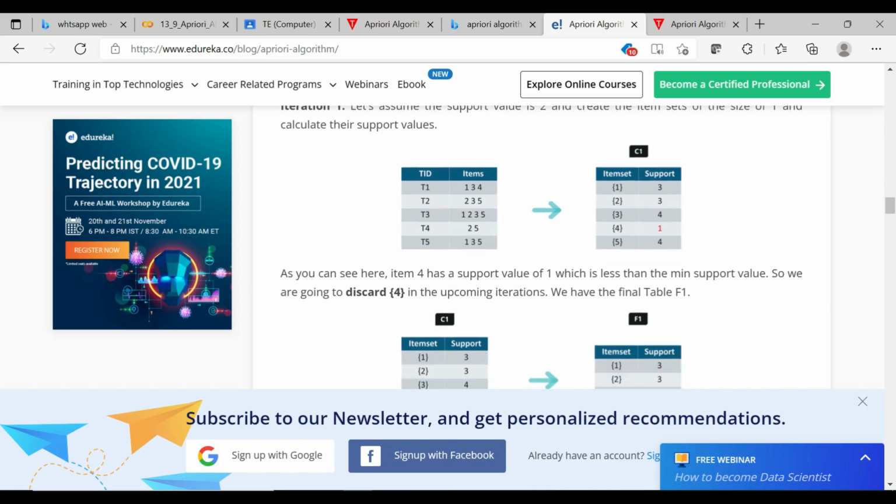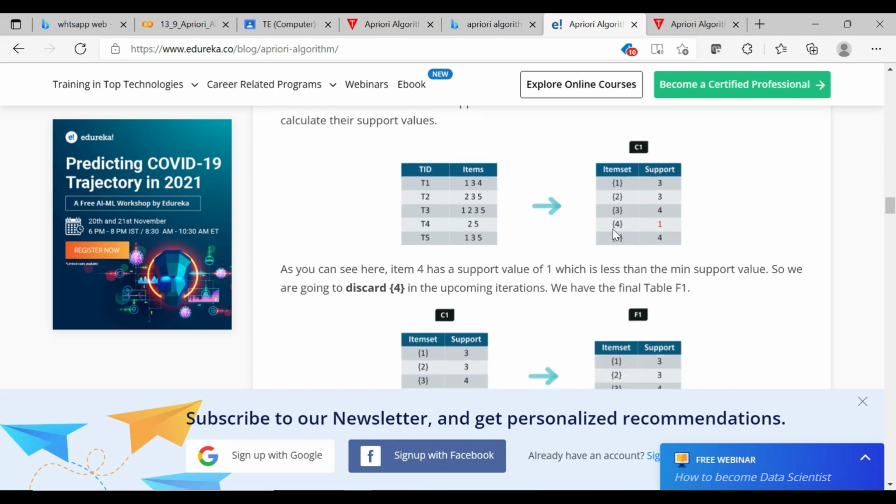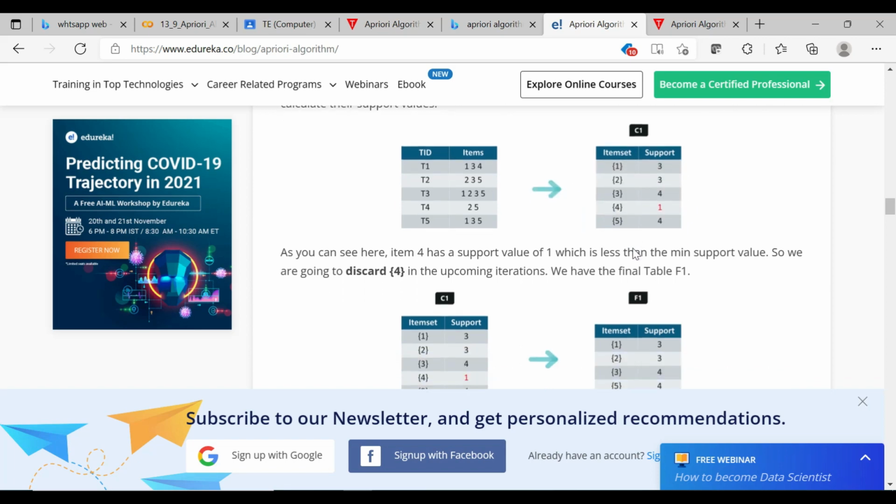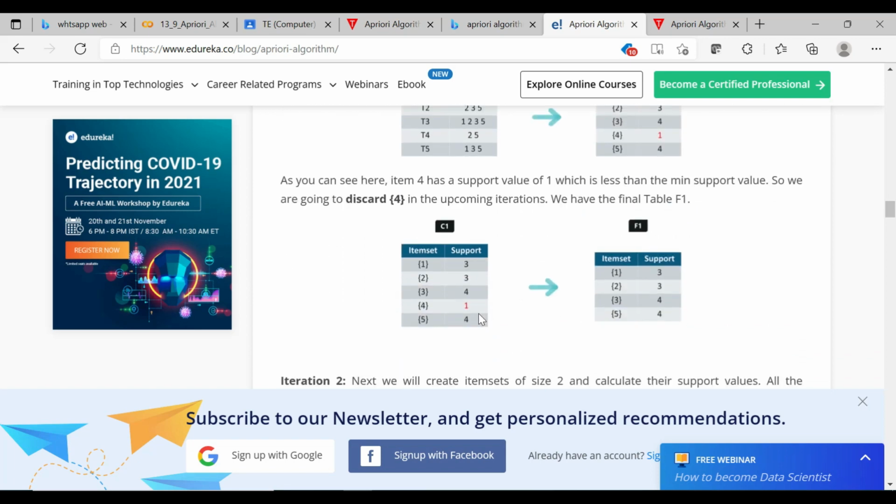As you see here, item 4 has a support value of 1, which is less than the minimum support value of 2. So we are going to discard 4 in the upcoming iterations. We have the final table, F1.